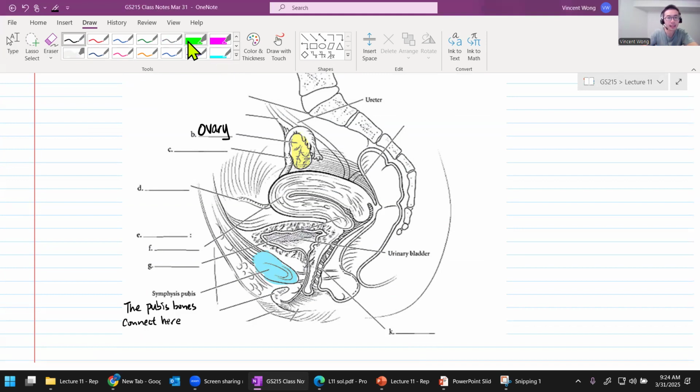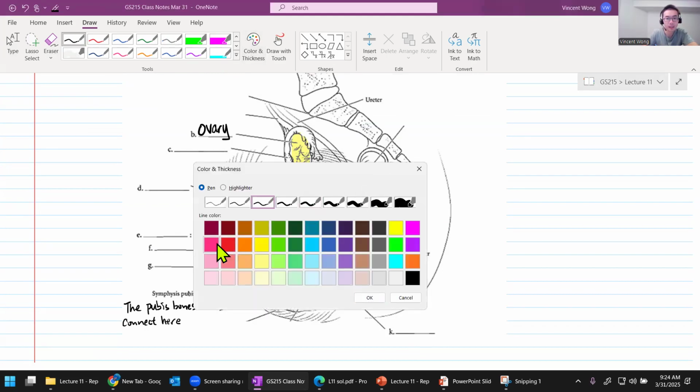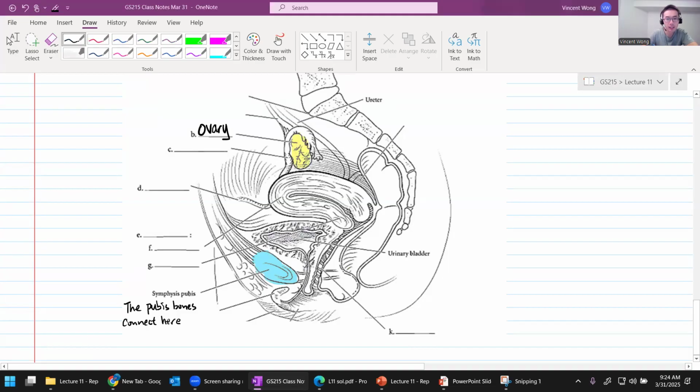And there are these almost hair-like structures right here. Okay, that's called the fimbriae. I know there's no lines there, but we can add our own.